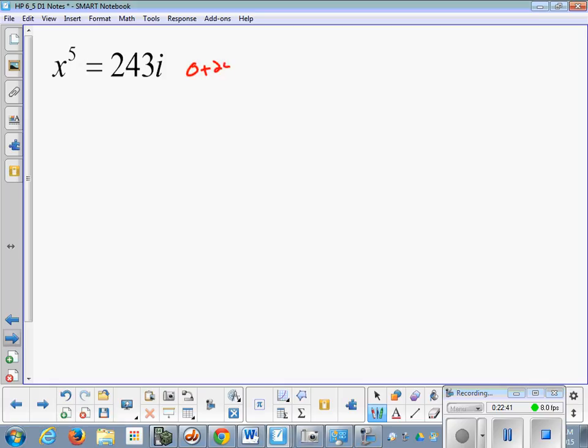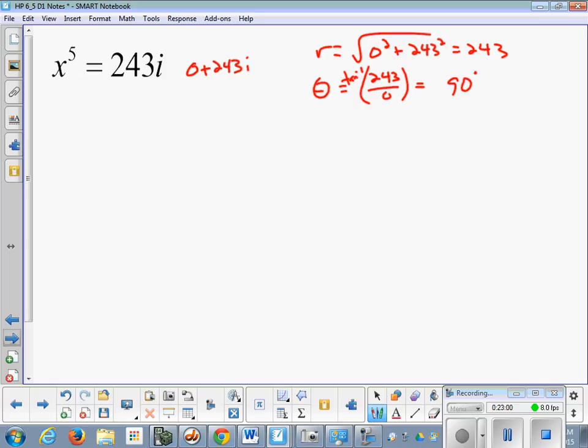0 plus 243i. R equals the square root of 0 squared plus 243 squared, which is 243. Theta is tan inverse of 243 over 0, which is undefined, so that's 90 degrees. So we are at 243, 90 degrees.